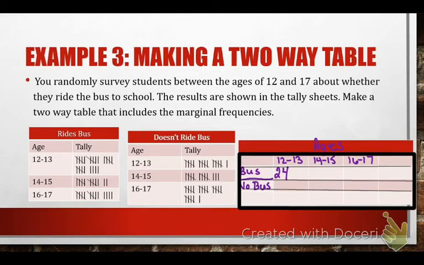Look over here: 5, 10, 15, 16. So I want you to write 16. How many total 12 to 13-year-olds were surveyed? 24 plus 16 is what? 40. Okay, that's going to be important.